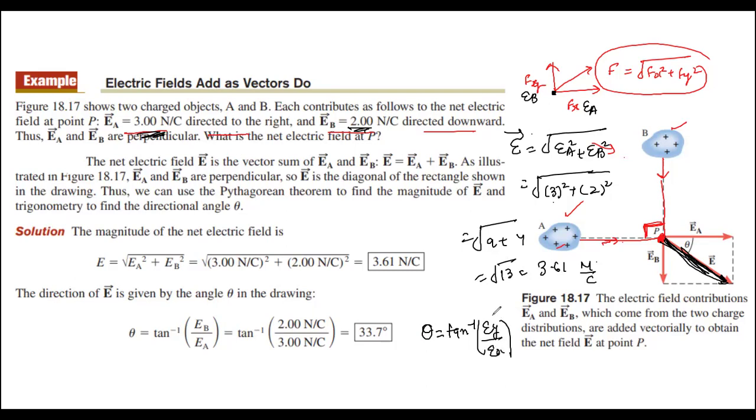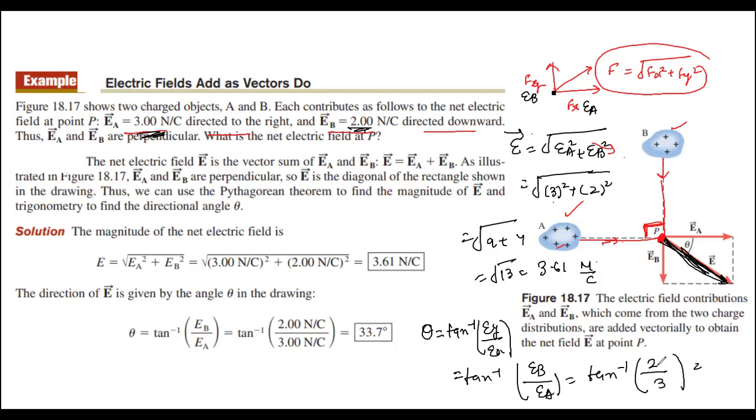Students sometimes get confused whether EX is on the top or EY is on the top. It is EY. Instead of EY, we have EB in this case, and we have EA. Let's plug in the numbers. EB is 2 and EA is 3.